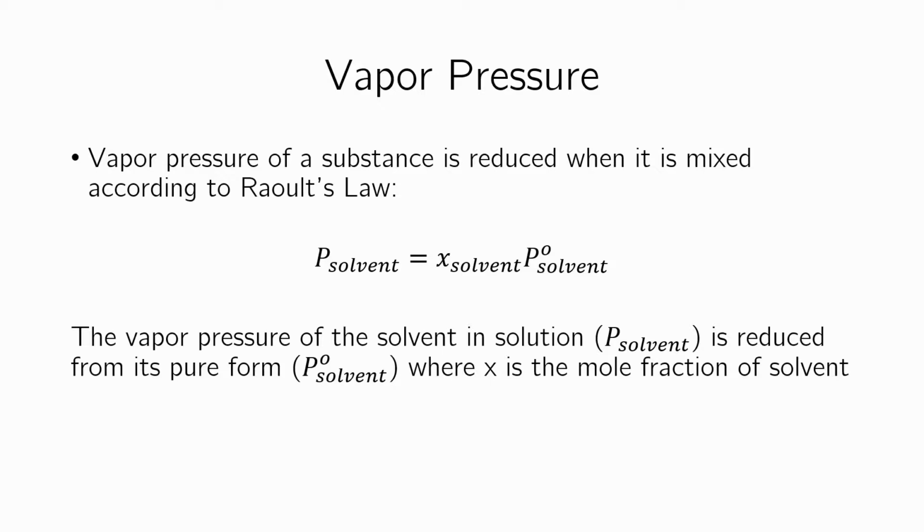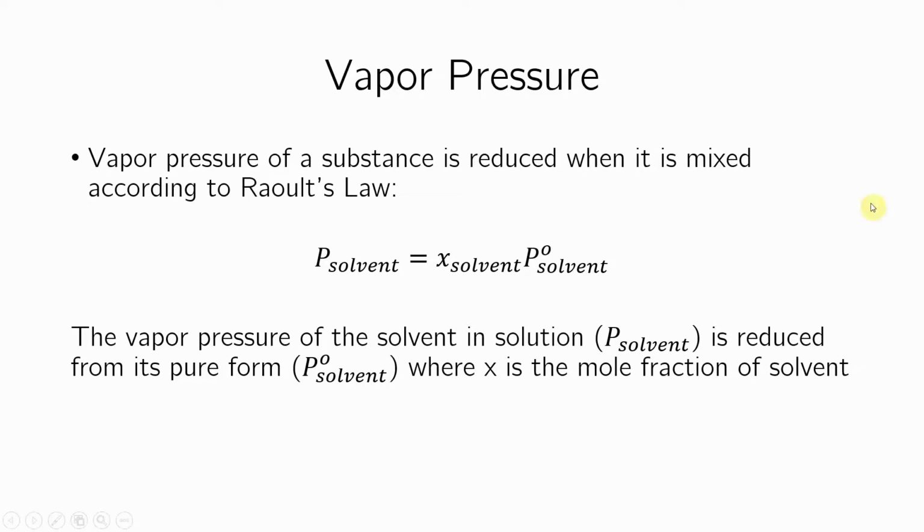So it turns out that the vapor pressure of a liquid can be reduced by adding something to it. It's just like a freezing point depression, but now it's a vapor pressure depression.